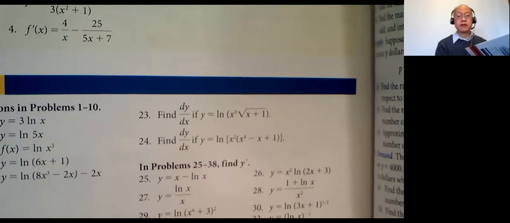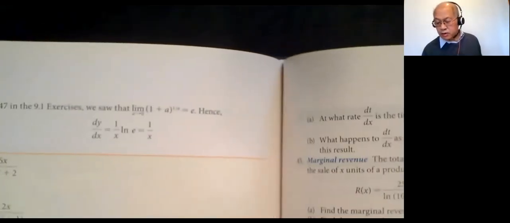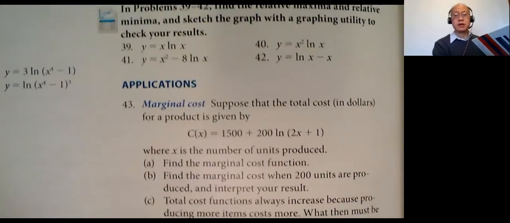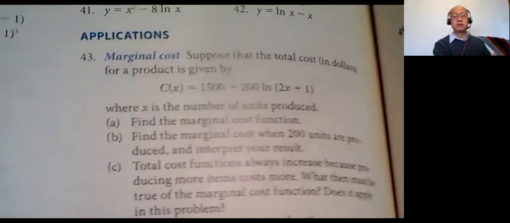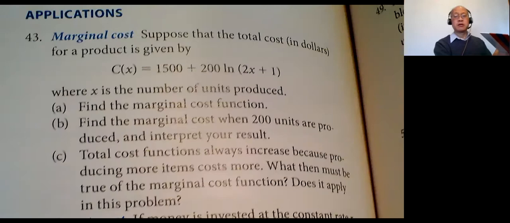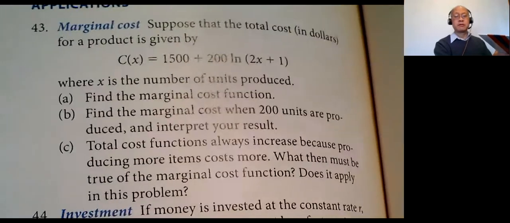Then there's 23 and 24. And then the last one was 43, one word problem, I think it was. So here we are. It just says marginal. So marginal means derivative. Okay, so there we go.